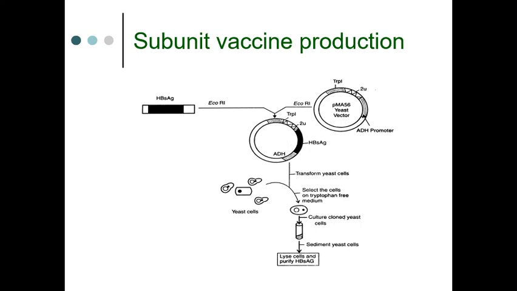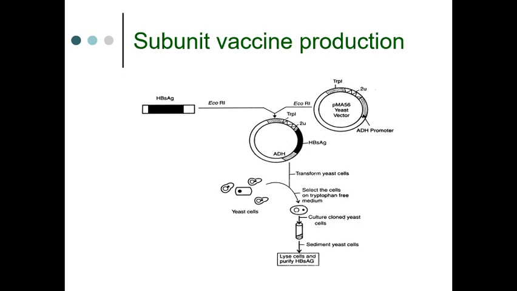The tryptophan required for the yeast to grow is provided by the gene that is present in the plasmid, and the cells which have not been transfected by the plasmid will not survive in the media, because the mutant yeast cell lacking the gene for tryptophan will not survive.